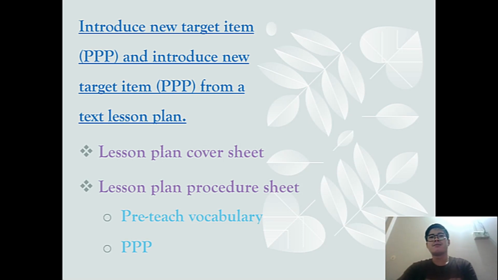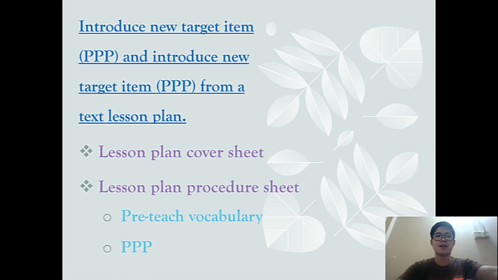The maximum for eliciting new vocabulary is 6 words, and the teacher should use less than 5 minutes to elicit new vocabulary. The important point in a lesson plan that I have learned is PPP.